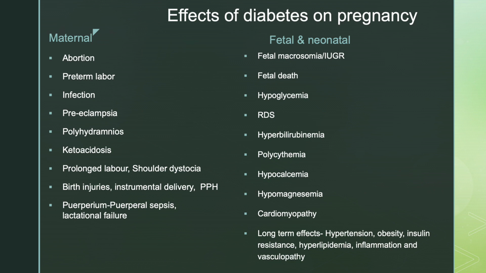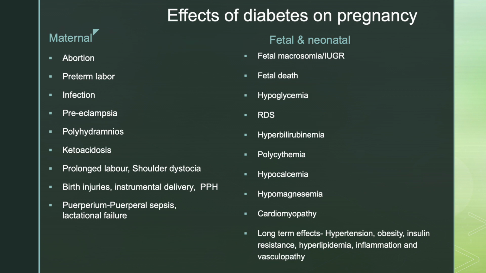Due to polycythemia, there is more destruction of RBCs in the neonatal period, resulting in hyperbilirubinemia and neonatal jaundice. Electrolyte imbalances like hypocalcemia and hypomagnesemia can also occur in the neonate, and they are more prone to cardiomyopathy or hypertrophy of the ventricular septum.